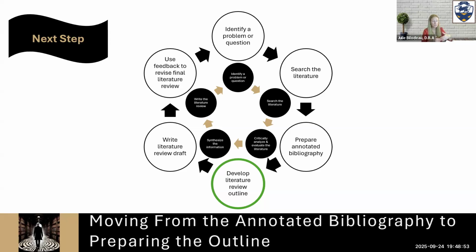But essentially in weeks 5 and 6, you're walking through the identification, searching the literature, figuring out which articles work for what you want to put together, and somehow doing either the annotated bibliography or outline and moving into the written product.